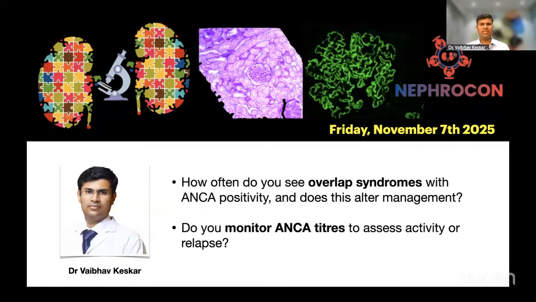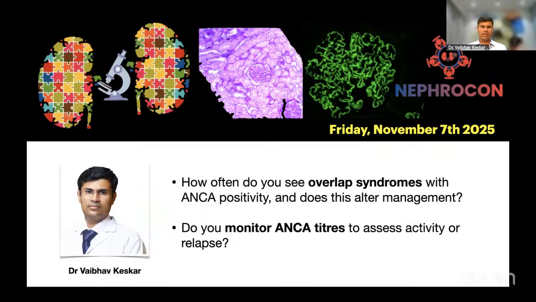So mainly we see overlap syndrome, like double positivity in anti-GBM disease, and almost 20% of our anti-GBM antibody syndrome cases can have ANCA positivity. It's mainly anti-MPO in many cases, but the treatment here slightly differs, because with ANCA positivity coming in, these patients have a higher risk of recurrences and relapses.